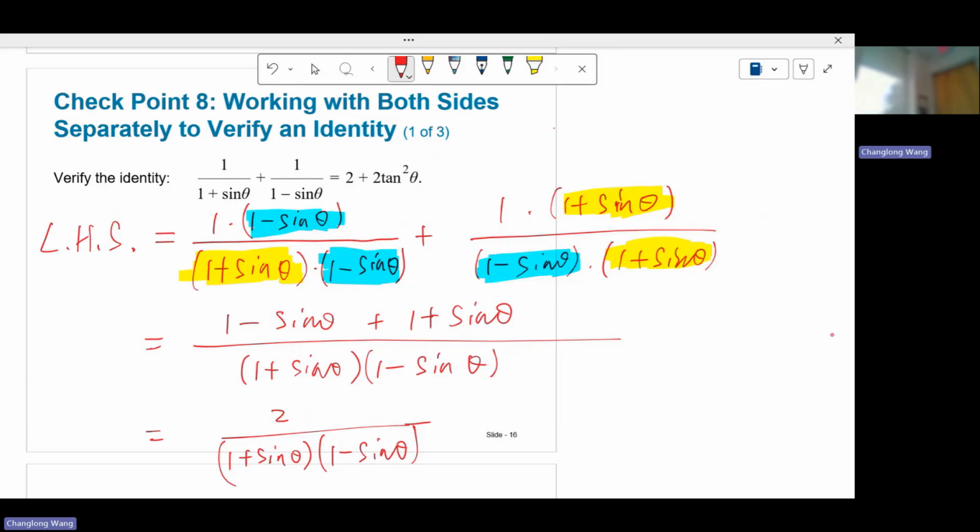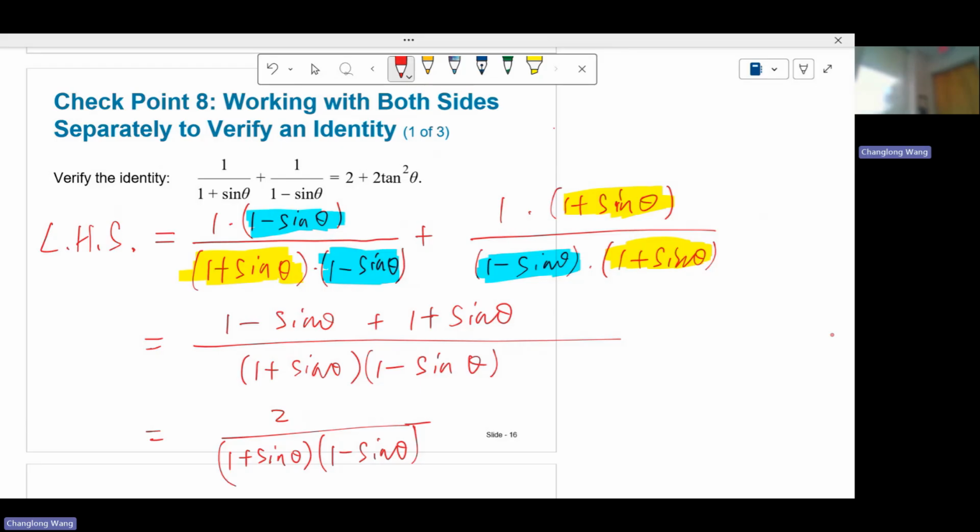But what if you get lost? What are you going to do? If that happens in a test or quiz, ask yourself what you want to get to at the end. Your goal is the right-hand side. So now here, this is getting better, but this is nowhere near the right-hand side, right?